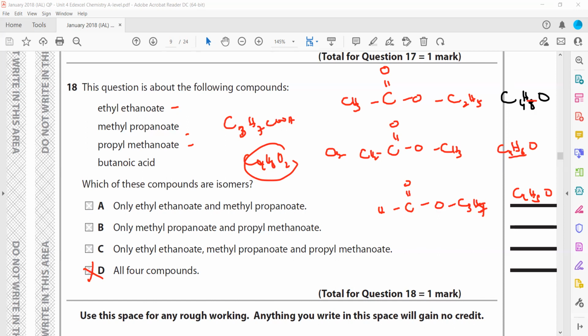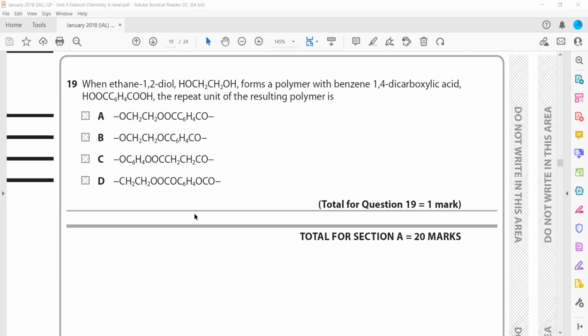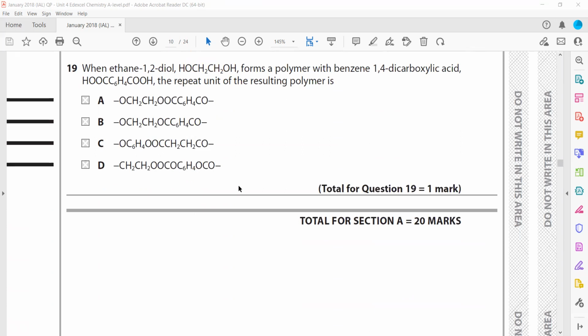Is it clear? Discussion? Then the last one. So ethane 1,2-diol forms a polymer with benzene 1,4-dicarboxylic acid.